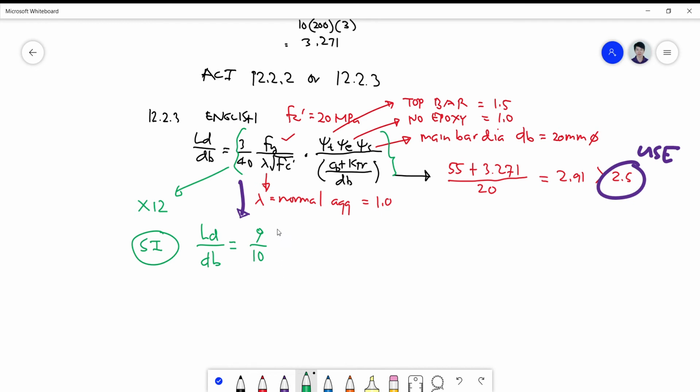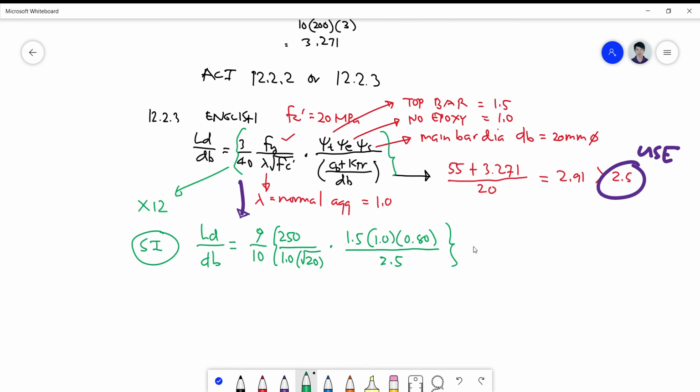Okay, Fy is, what's Fy? 250, so we can substitute it, divided by 1.0 times square root of 20 megapascal, multiplied by psi T is 1.5, psi epoxy is 1.0, and then psi S is 0.80, divided by CB plus KTR over DB, which is 2.5.